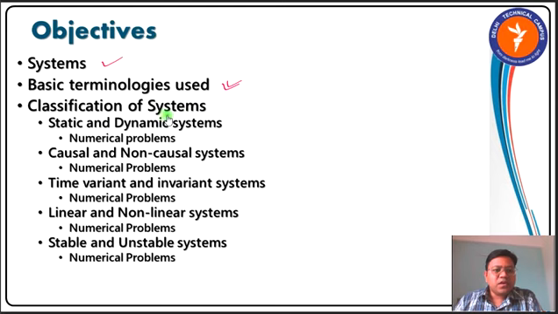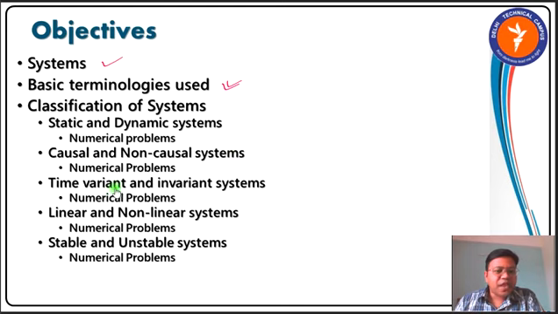The systems are generally classified into static and dynamic systems, and we will have a look at numerical problems. Using these numerical problems, we will get in-depth knowledge of static and dynamic systems. Similarly, we will discuss what causal and non-causal systems are, and we will perform some numerical problems to have in-depth knowledge of causal and non-causal systems.